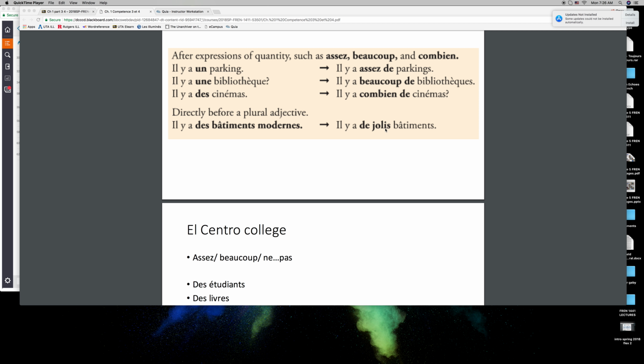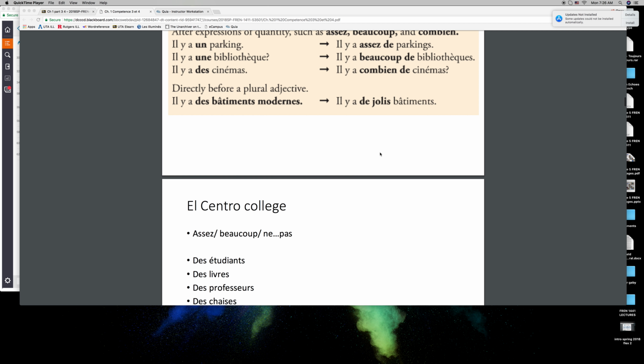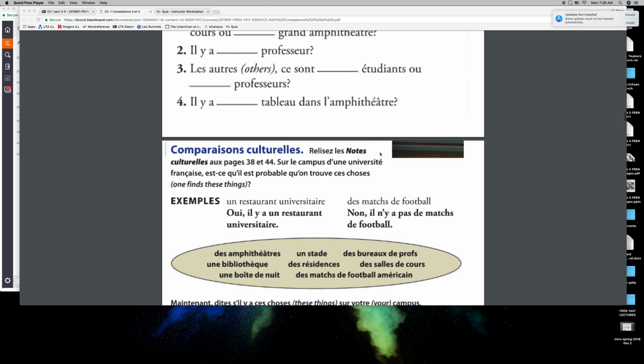Okay? So if you have an adjective before the noun and the object you're describing is plural, the des will turn into de. And this is an exception, right? That will show up once in a while.